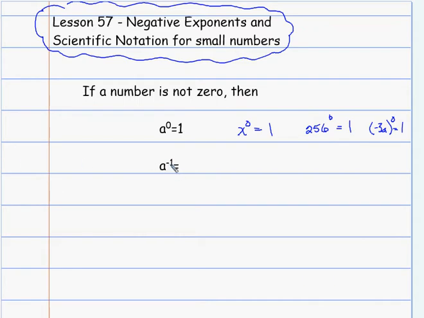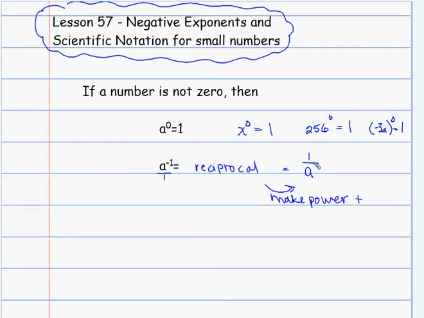A to the negative 1 power is going to be the reciprocal, which means right now this is a to the negative 1 over 1, and we need to write its reciprocal, which is 1 over a, and then make the power positive.